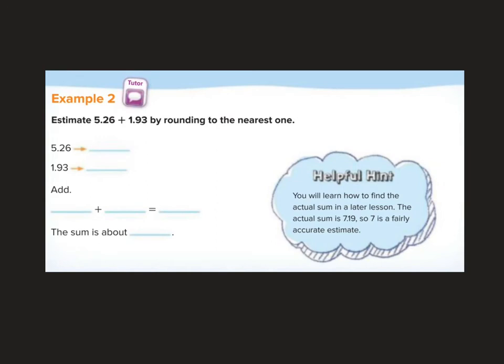Estimate 5 26 hundredths plus 1 93 hundredths by rounding to the nearest 1. I always like to circle what I'm rounding to so I don't make a mistake in there. Okay, so 5 is in the ones place, so I'm going to circle the 2. That's going to tell me keep it the same, so 5 26 hundredths is going to round to 5.